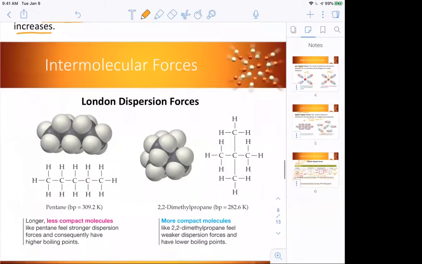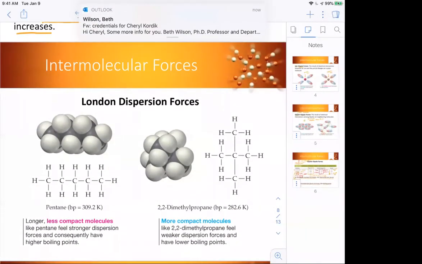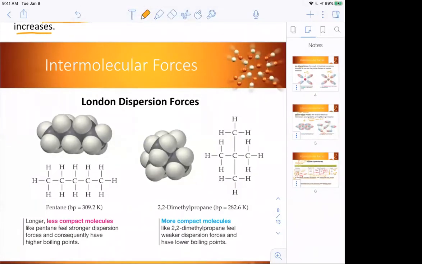London dispersion forces are not just dictated by molecular weight, but also by surface area. So this is a long, skinny molecule, and it has a lot of surface area.